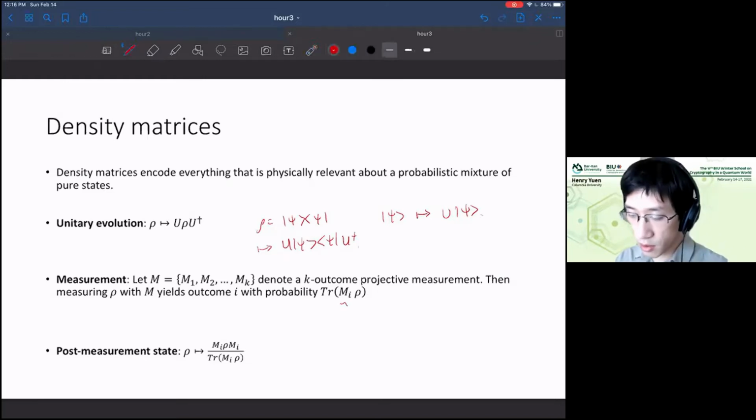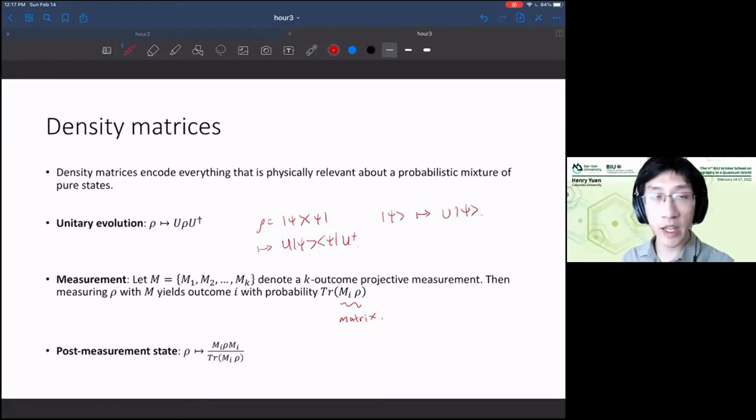This is matrix multiplication, so it gives a new matrix, and then you take the trace of that matrix to find the probability. And it turns out that it will always be a non-negative number, and it will sum up to 1.